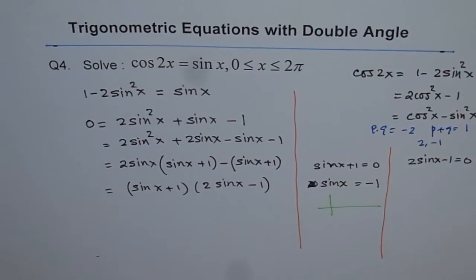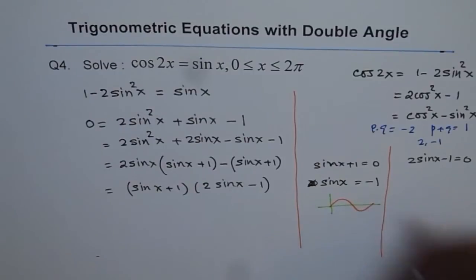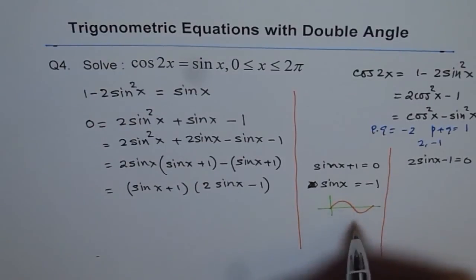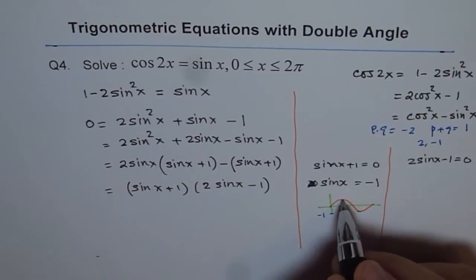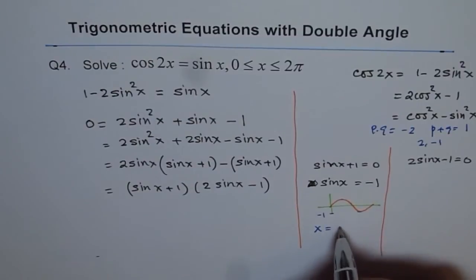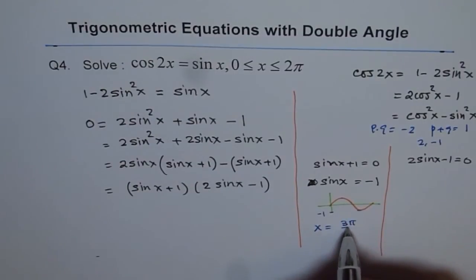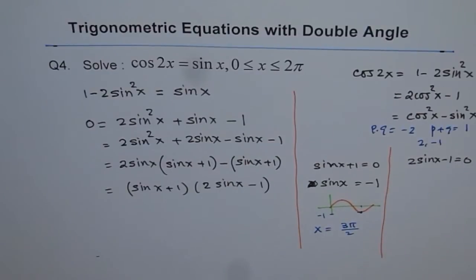Whenever sin x is 0, 1 or minus 1, I try to sketch and get my answer. It's easier. So it is minus 1 for this portion. You see, this is minus 1 and it is at 3 pi by 2, right? So we get x equals 3 pi by 2. This is at 3 pi by 2.